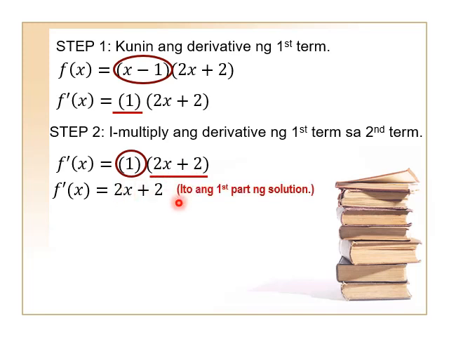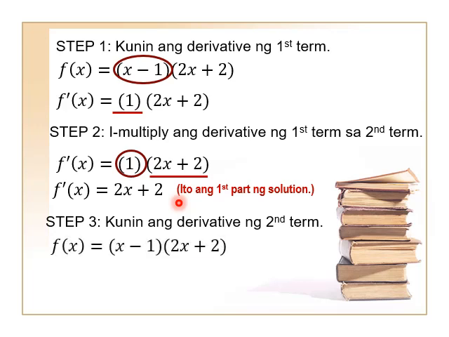So, 2x plus 2. Next, step 3, kunin natin ang derivative ng second term. So, second term natin is 2x plus 2. So, again, magiging derivative nito is simply 2. Okay, kasi ito, derivative ng 2 is 0. And then, sa 2x, tatanggalin lang natin yung x, copyahin natin si constant na 2.